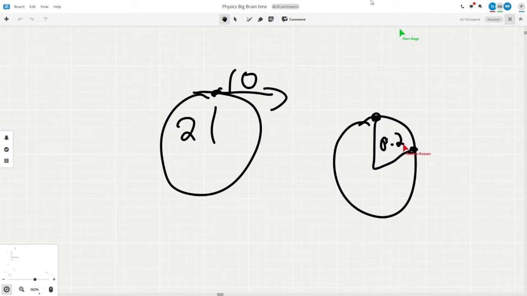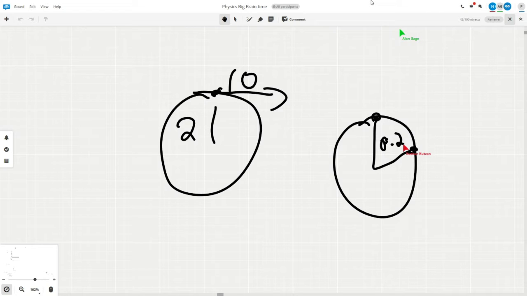Tangentially. So that would be the velocity. The velocity is always tangent. Where is it always accelerating towards if it's in rotational motion? Does anyone know? Towards the center? Yep, towards the center.